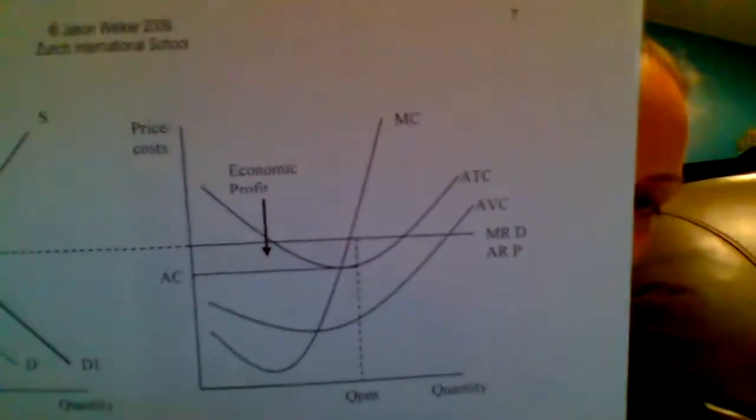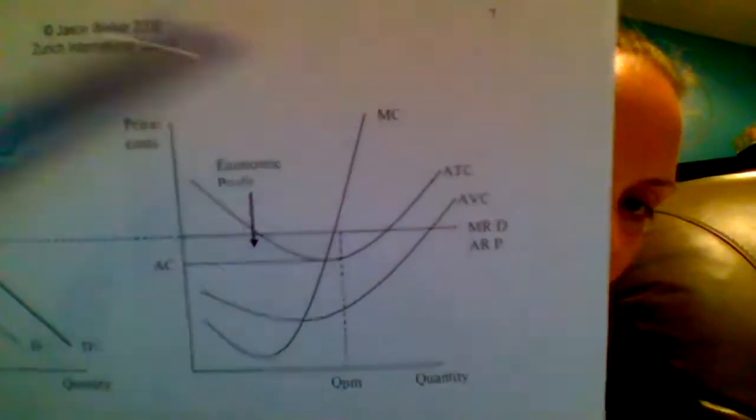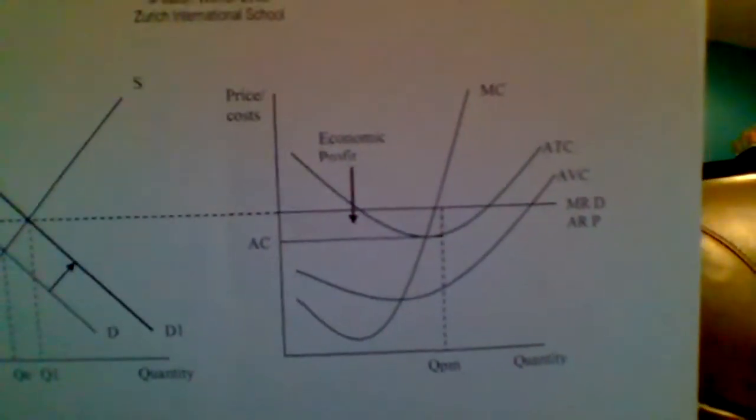Okay, it's gonna have to be this one. Okay, so on this one, if I'm looking for the supply curve, it's the portion from this point right here up. It's my MC curve from AC all the way up. That's how I would find my supply curve, okay?